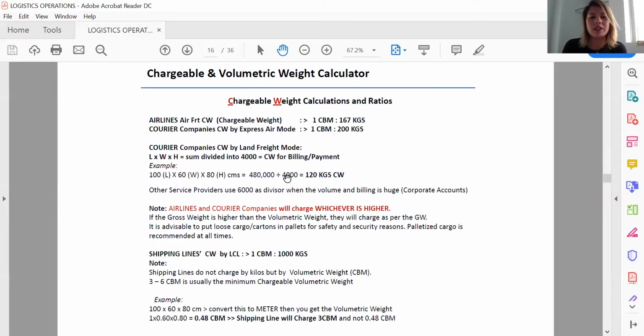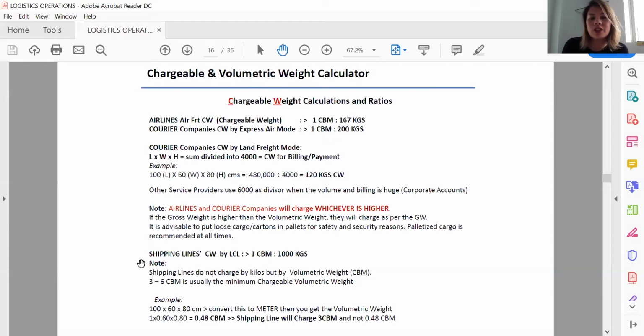Now, for shipping lines, the chargeable weight calculation is different there, and the calculation and billing is also different. Shipping lines' chargeable weight by LCL, or less container load, the ratio there is 1 CBM to 1,000 kilos.